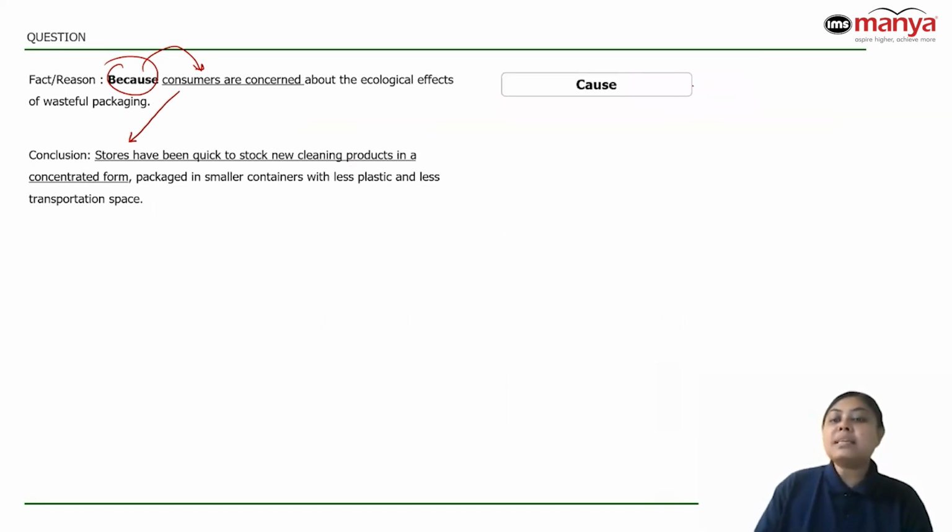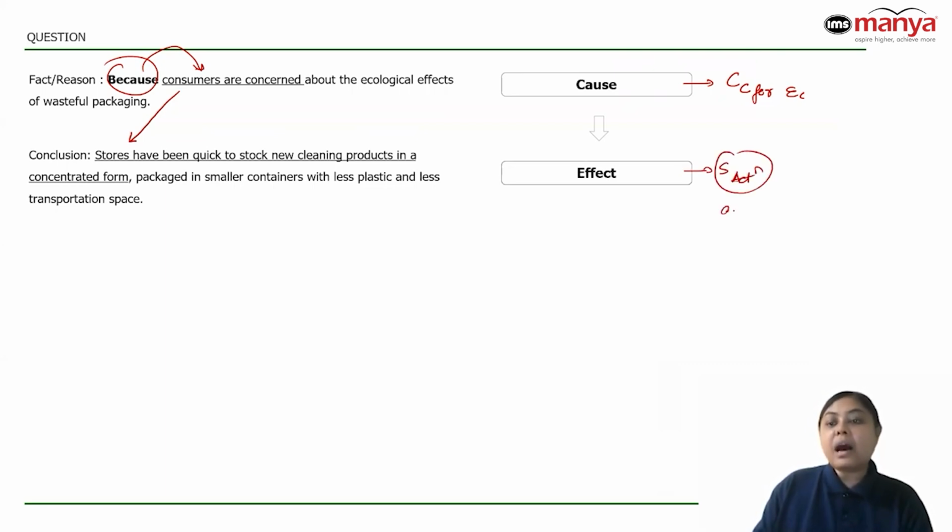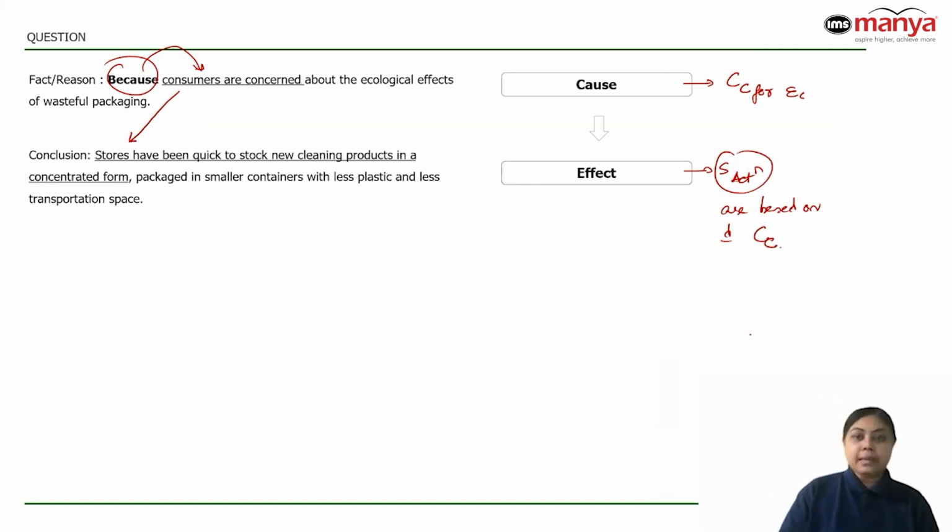So my cause is the concern of my consumers for being environmentally conscious. And due to this concern, it has been taken into effect by the store. So whatever action the stores are taking is based on the consumer's concern, right? So this in a nutshell is my paragraph.